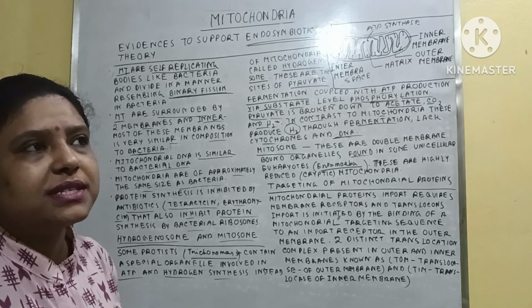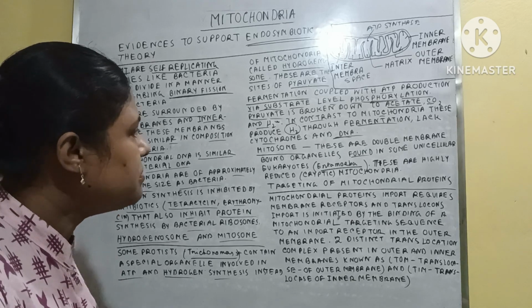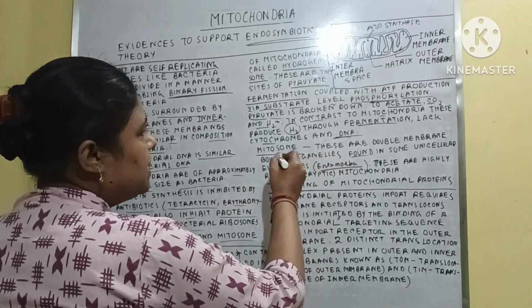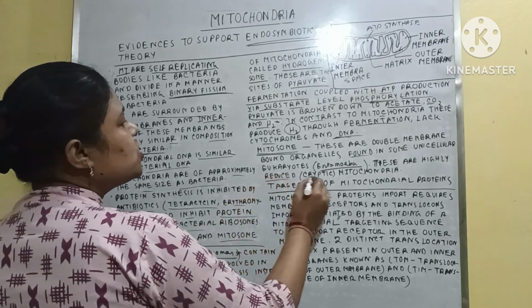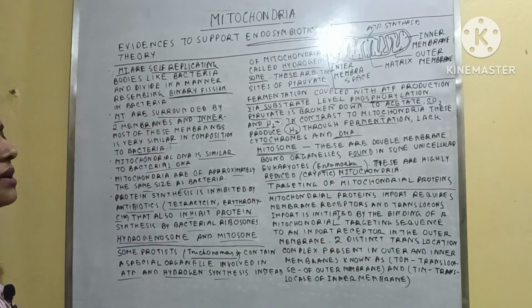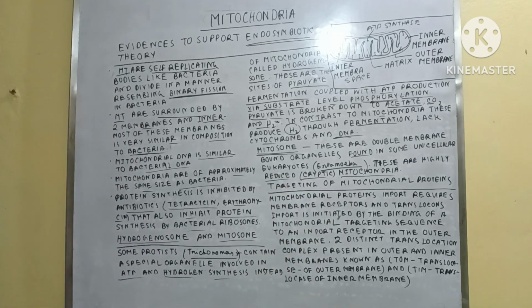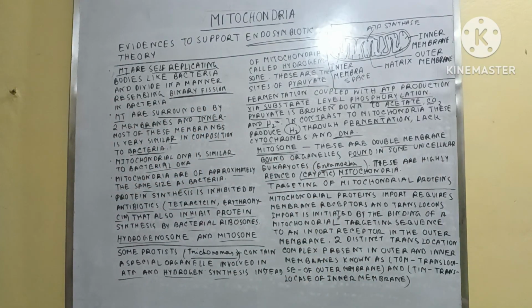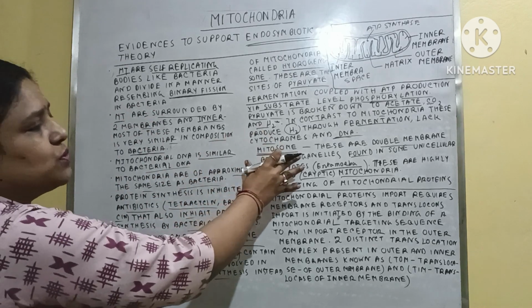So sometimes mitochondria are absent here. This mitosome is sometimes called a reduced mitochondrion or cryptic mitochondrion. It is a double membranous structure. So these are the evidences: hydrogenosome and mitosome.